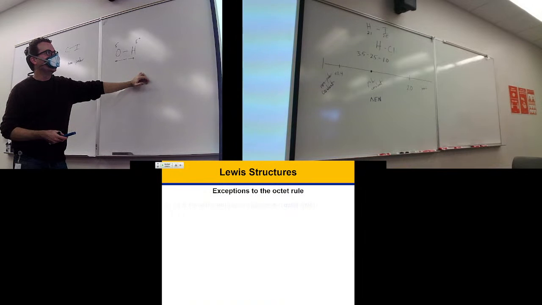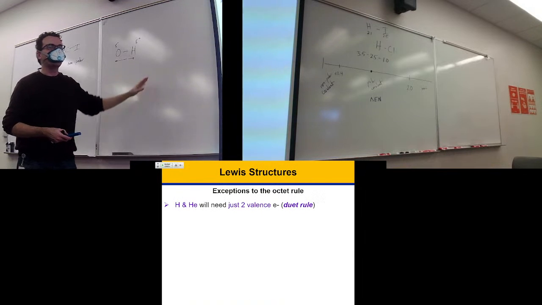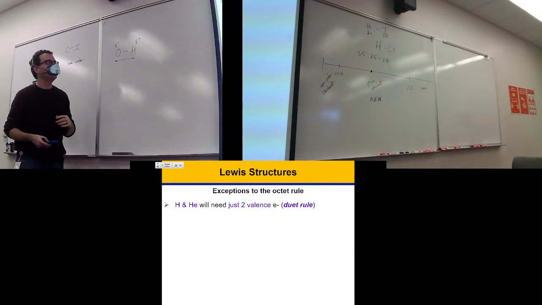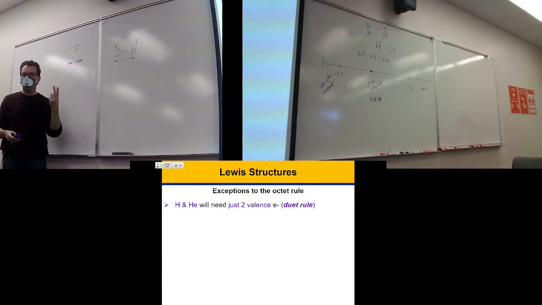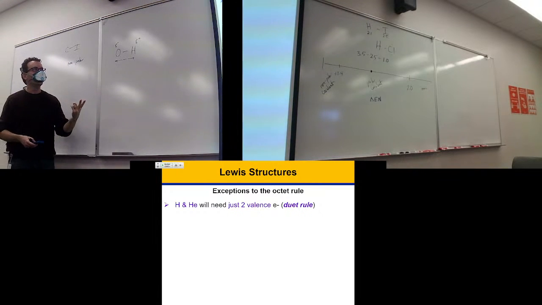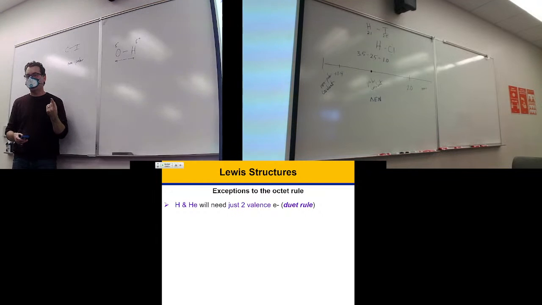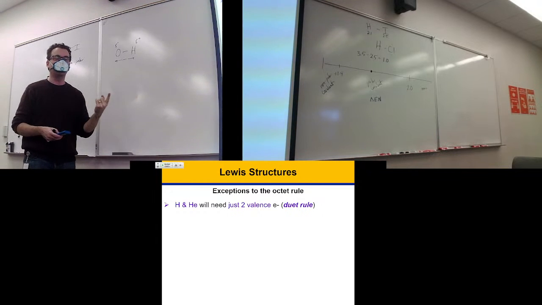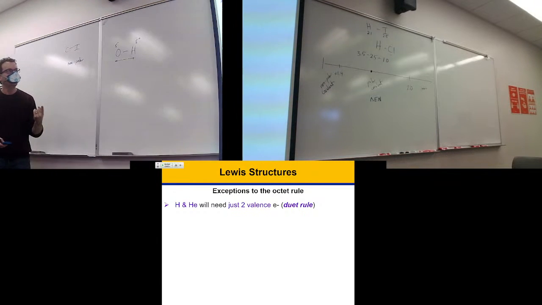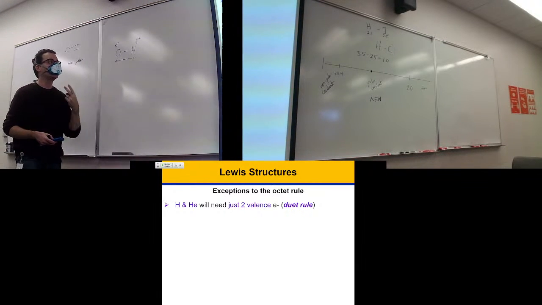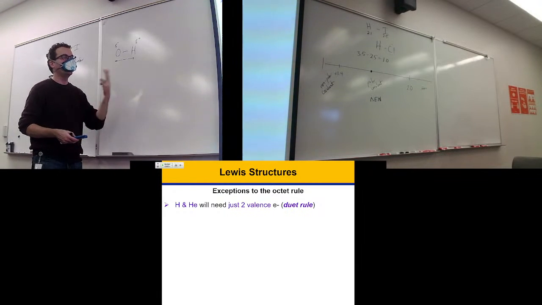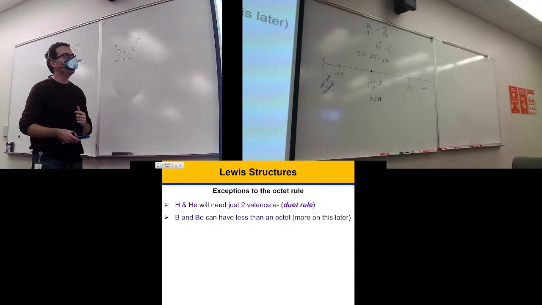Sorry. But let's look at exceptions, because we didn't see all of the exceptions in lab. So obviously hydrogen takes 2 electrons, not 8. Helium does too, although we're not going to really see any bonds with helium. It's almost impossible to make a bond with helium. But helium will have 2 electrons in its outer shell. That's it. It's only got an s subshell.